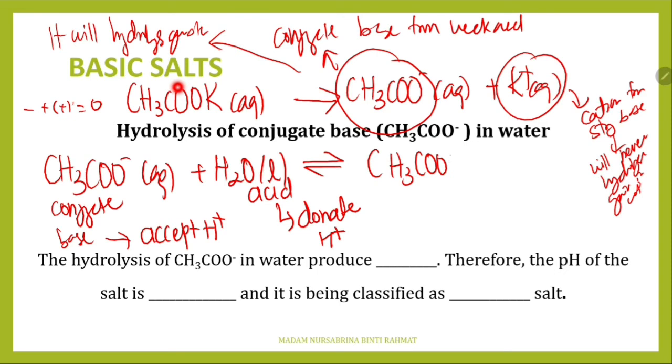And then we have CH3COOH aqueous, plus the water molecule that released the H+, so it becomes OH- at the end. So in this hydrolysis of your conjugate base, you produce OH-. Therefore, the pH of the salt is greater than 7 and it is classified as a basic salt.